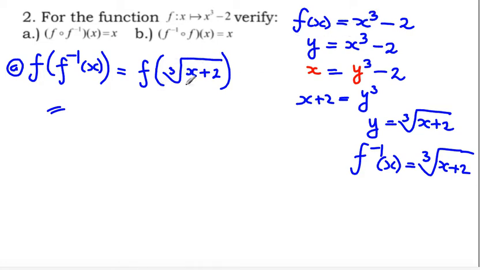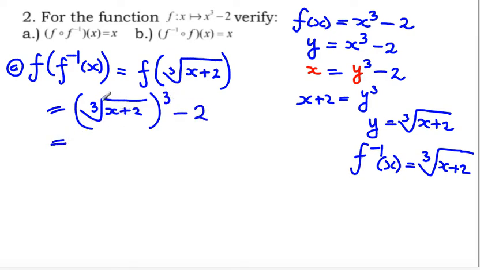So in that case, I will replace this x by the cube root of x plus 2. Then substituting that into the formula of function f, I should have something like this: cubed and then minus 2.